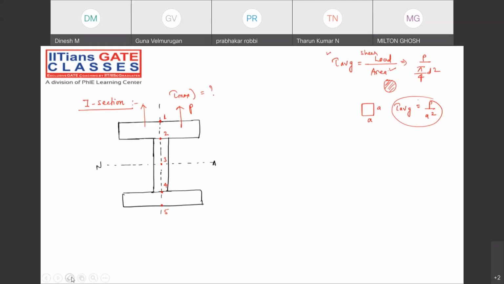Right. Now, try to think and tell me what the distribution will be. Whether the distribution will be option A, the distribution will be like this. Option B, the distribution will be like this.